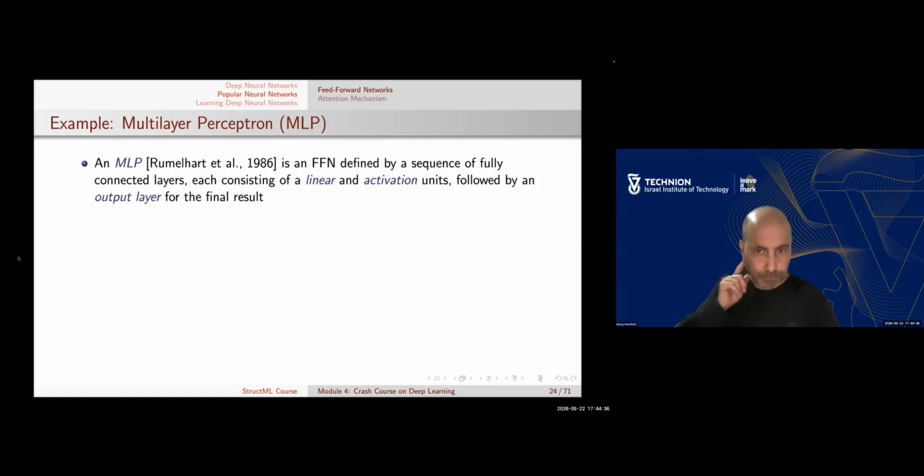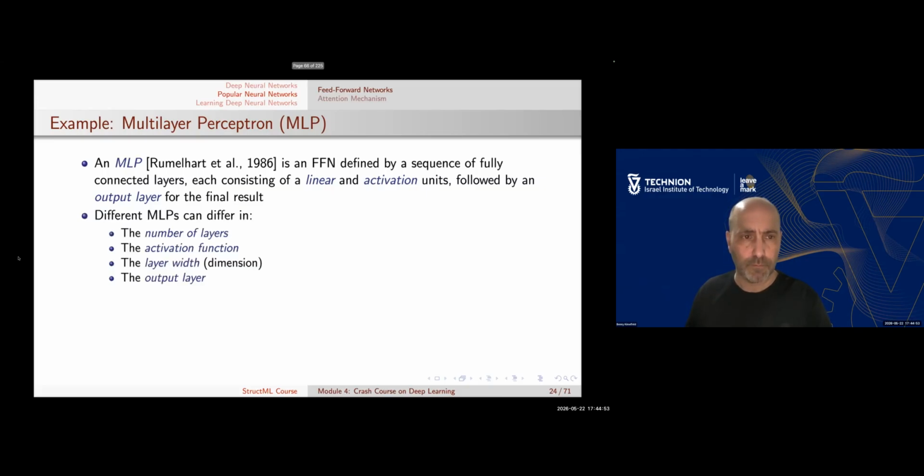Now the most important example of an FFN is the MLP, the multi-layer perceptron. An MLP is a sequence of fully connected layers, very simple, linear and activation units, followed by the output. But this is a family of components.